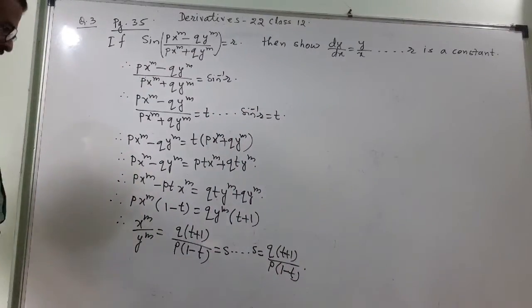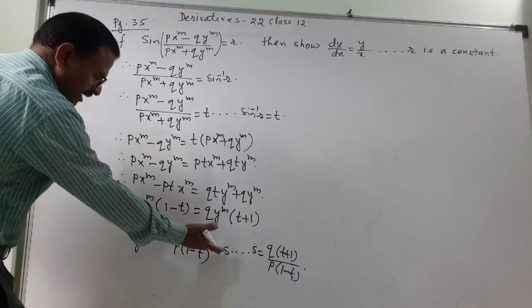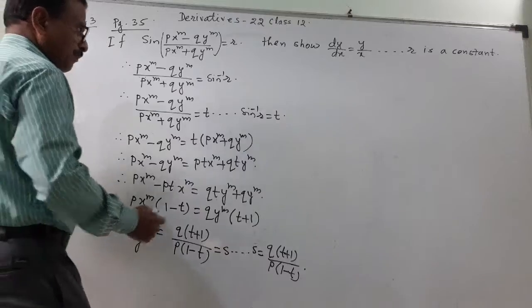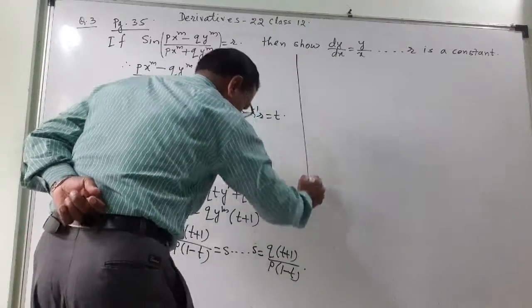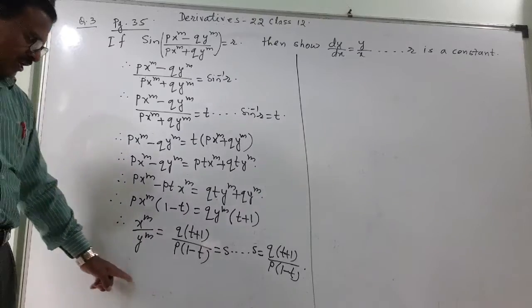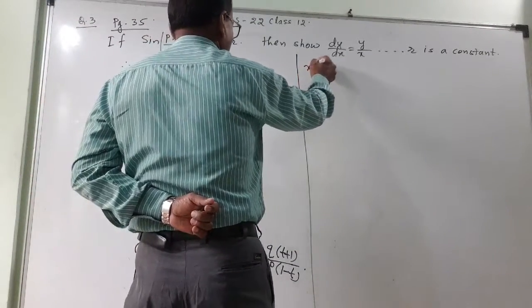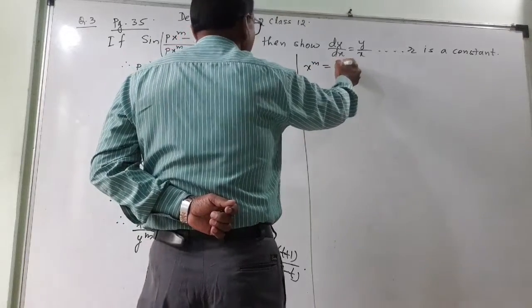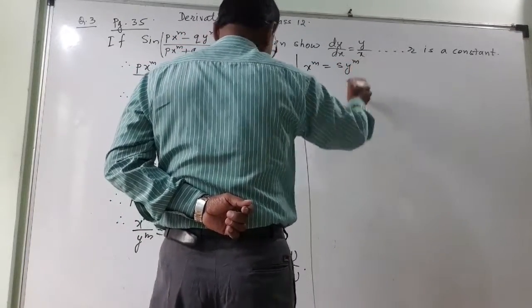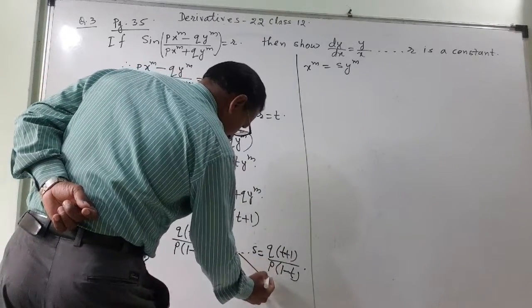So x^m upon y^m is nothing but s. Now I will take this y^m there. So x^m is equal to s y^m. This is your number 1.